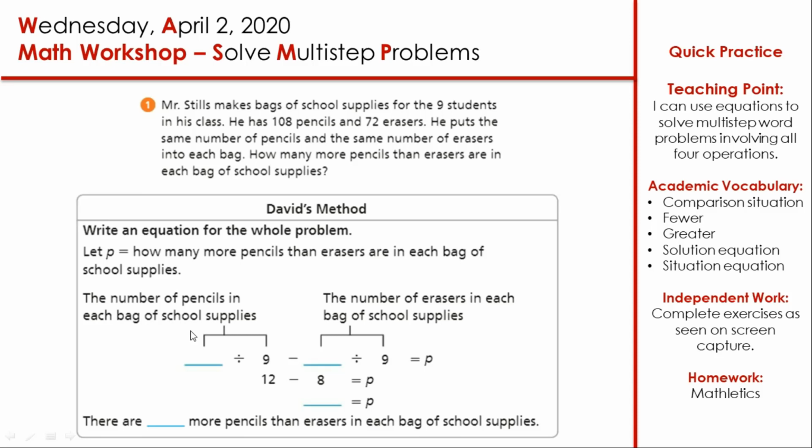So if we solve this one, 108, the amount of pencils, divided by the amount of kids, minus 72, the amount of erasers, divided by the same amount of students. Then he would get 12 on the left, minus 8, which is equal to solving 72 divided by 9. After that, he will get 4, which is equal to the amount of more pencils than erasers that are in every bag.